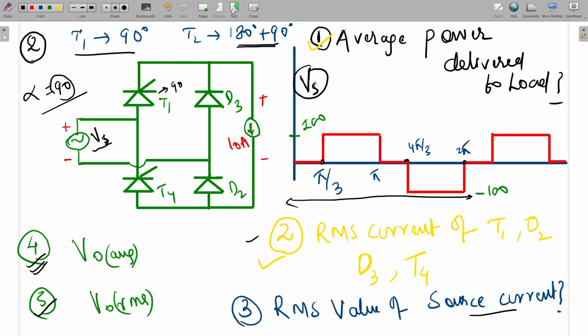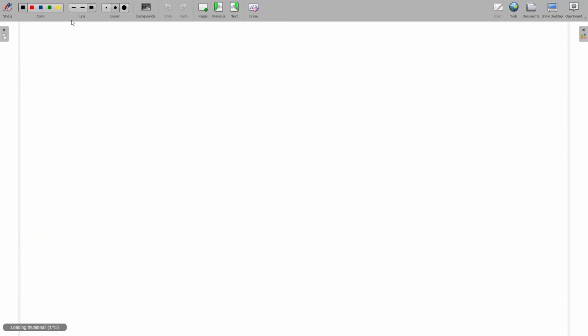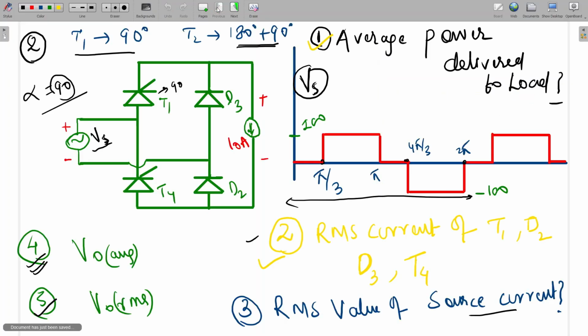One second. I am going to draw the output voltage waveform. So what will be the output voltage? I am firing at pi by 2. So here the waveform will start from here.